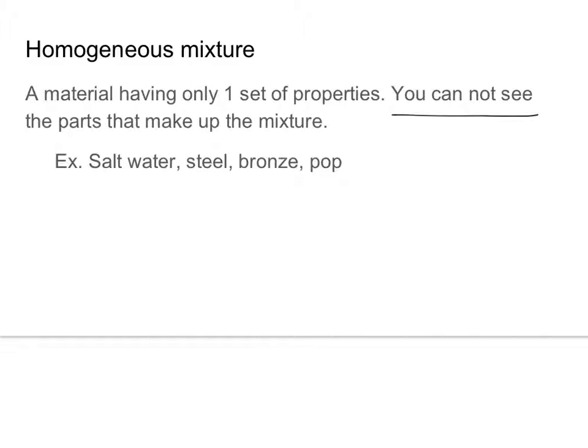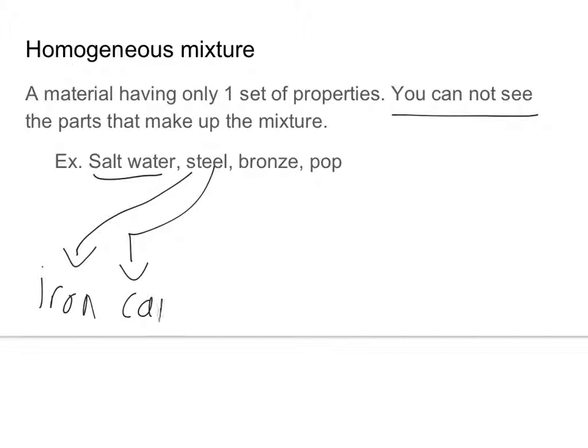So an example we have here is, as we already talked about, salt water. If you think about steel, steel is made up of iron in combination with carbon. Bronze is made up of copper and tin.